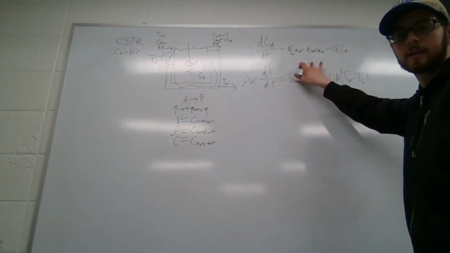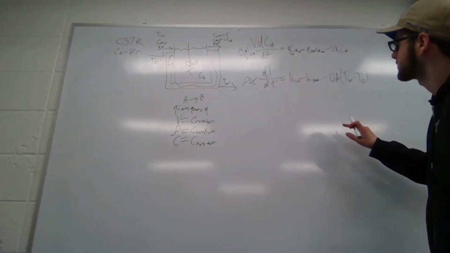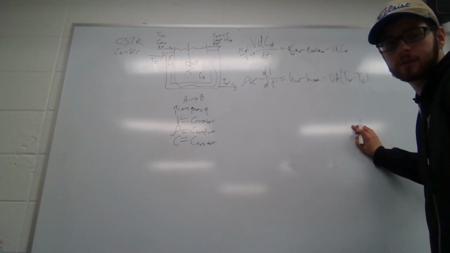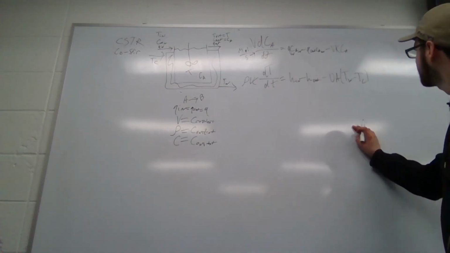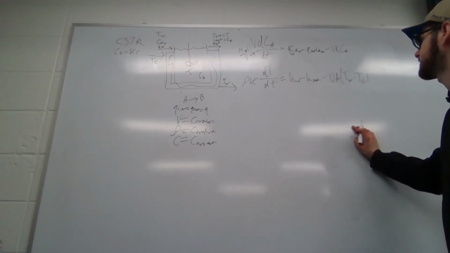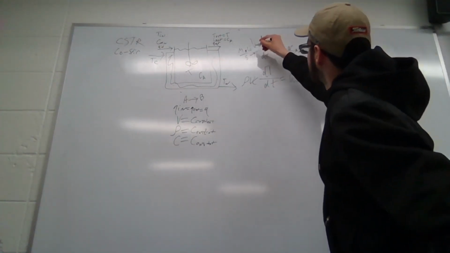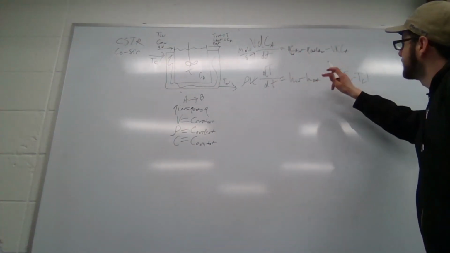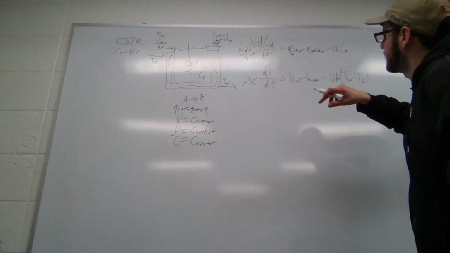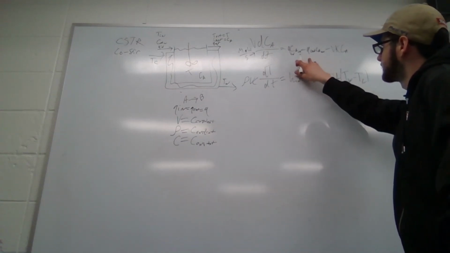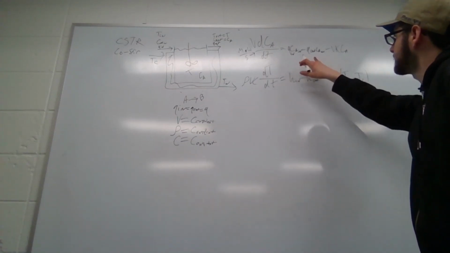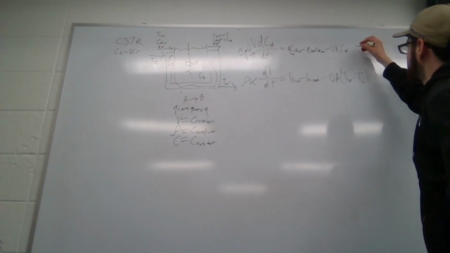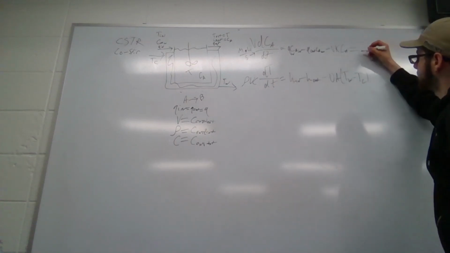No, I lied. Okay, so this is volume times the concentration, which is actually the change in moles of product, or no, moles of A in the system. So I neglected that, and this is an easy one to do: you just divide everything by V, the volume.